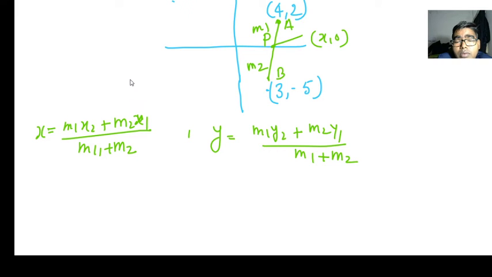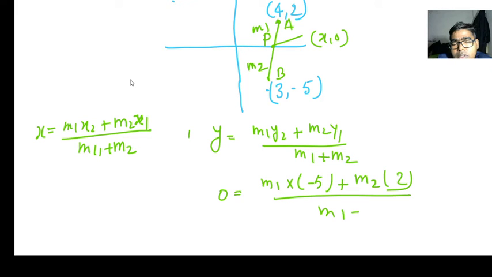And what is the value of y? It is 0. m1 you don't know, you have to calculate. y2 is minus 5, m2 you don't know, and the value of y1 is 2, divided by m1 plus m2.